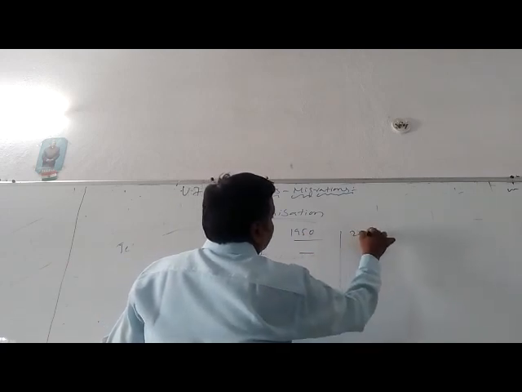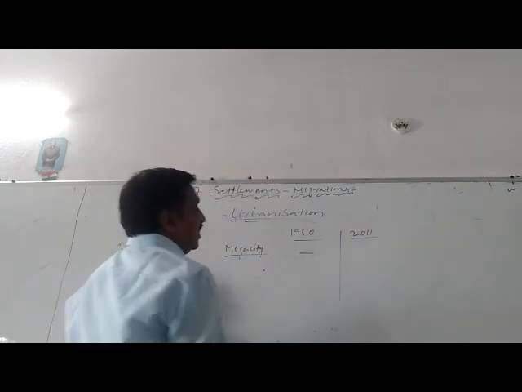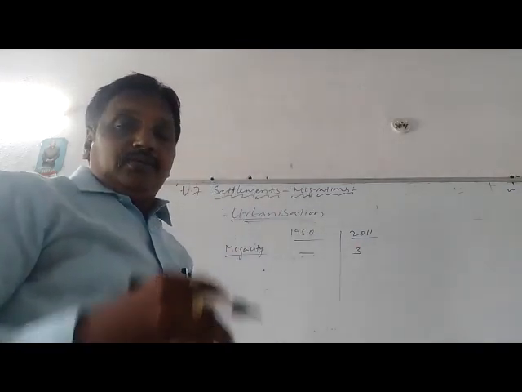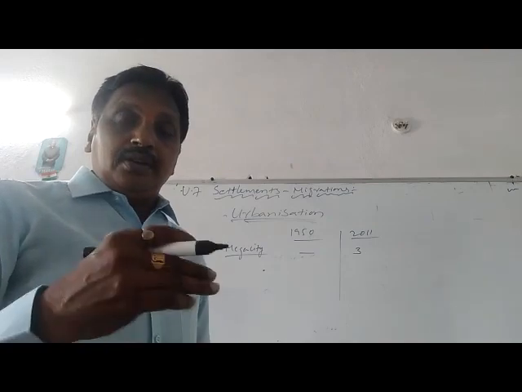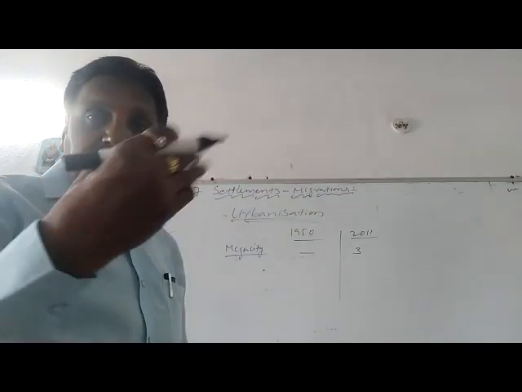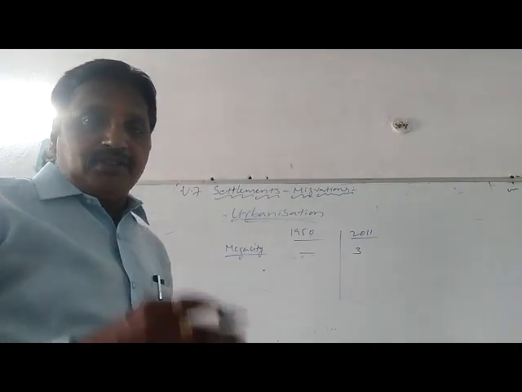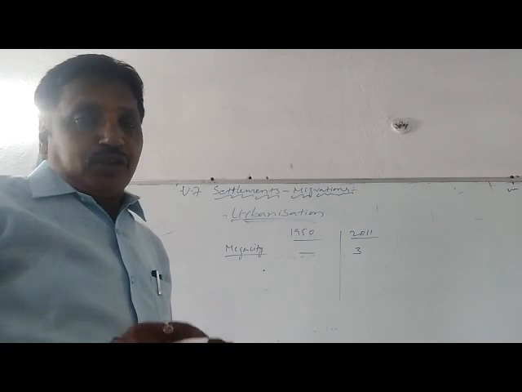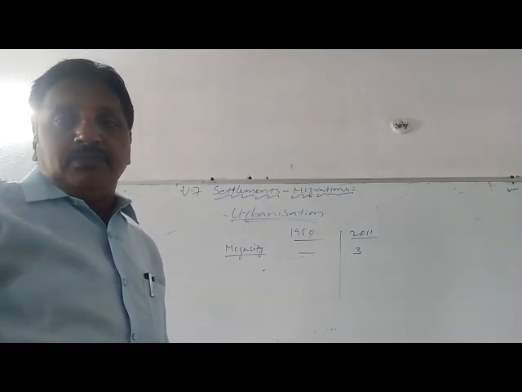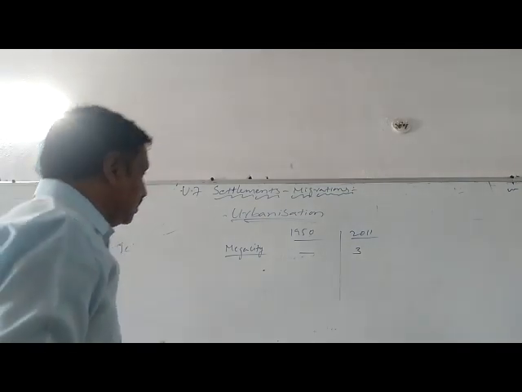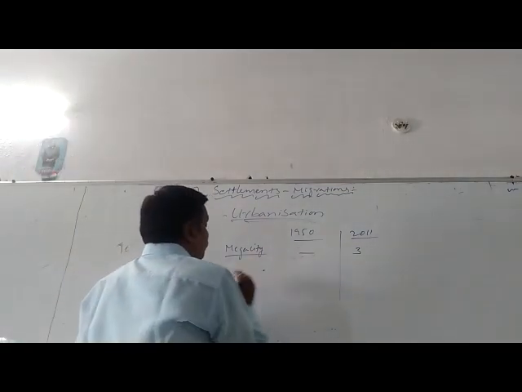Now according to the 2011 census, there are three mega cities where the population exceeded 1 crore or 10 millions. Three cities are there. We know administrative capital, financial capital, and another is on the east, that is Kolkata, right? So that is mega cities.